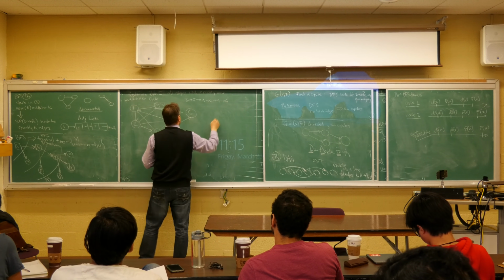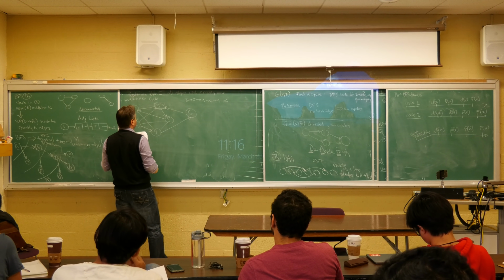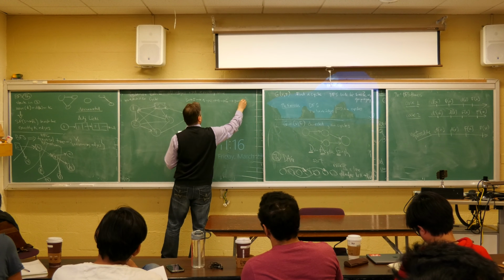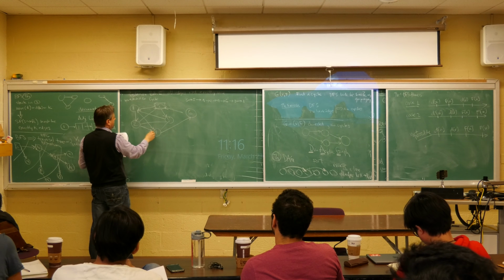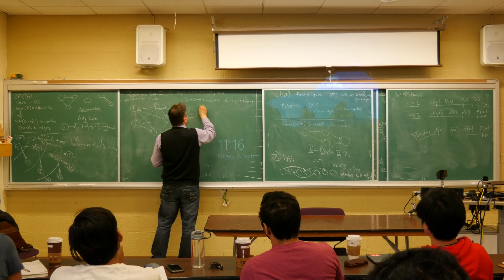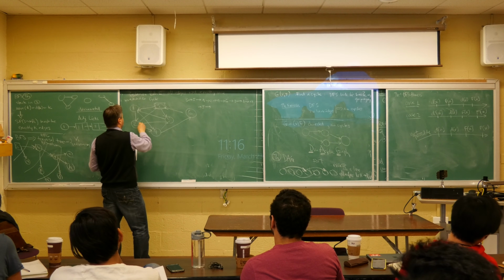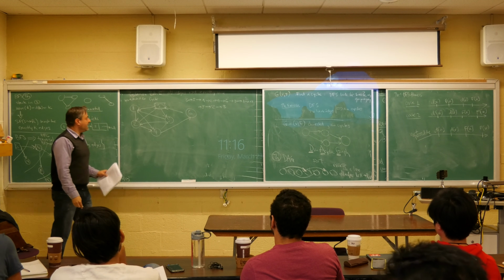I'm not sure this is going to work, but let's see. From 6, I go to 3, right? Okay. From 3, I go to 1. From 1, I go to 4 to 5. 5 to 2. So I'm done, right? I use all the edges once.